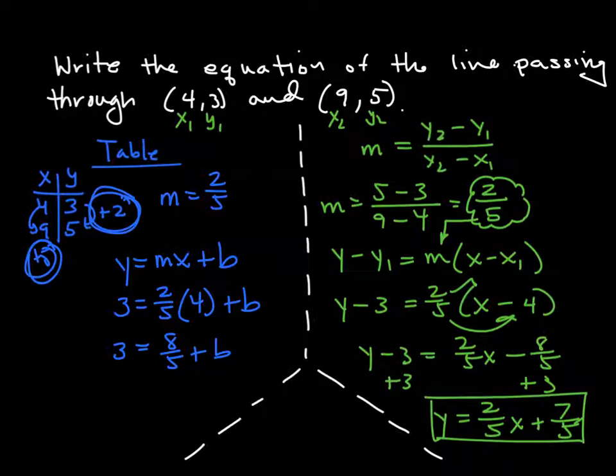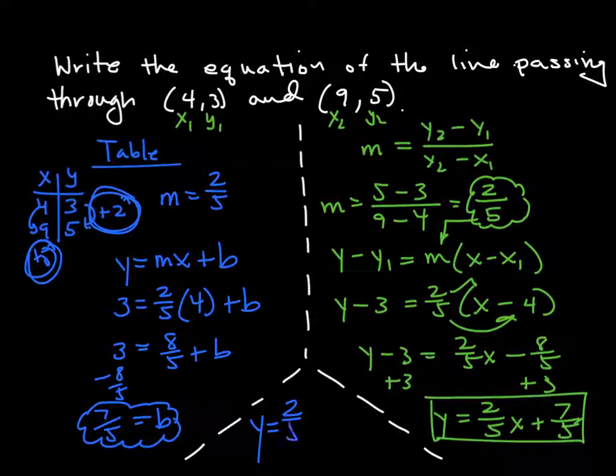I then subtract 8/5, subtract 8/5, and I will get b is equivalent to 7/5. So my final answer again will be y equals 2/5 x plus 7/5, and then I'm done.